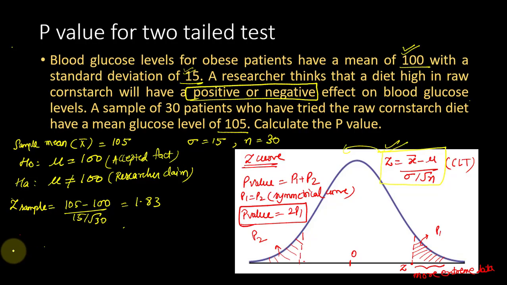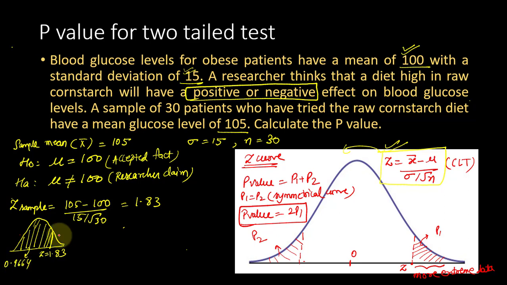So we have seen from the Z distribution table that here Z is equal to 1.83, and the table gives the area to the left. This area comes out to be 0.9664.